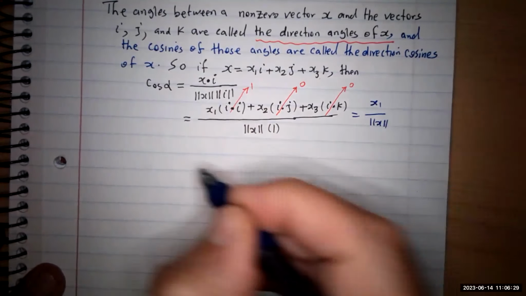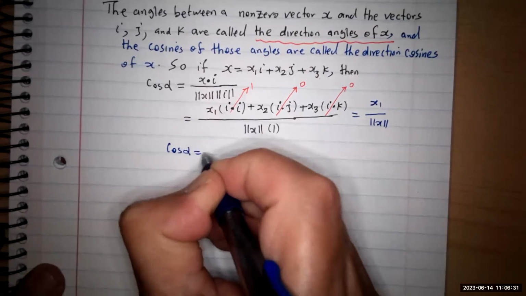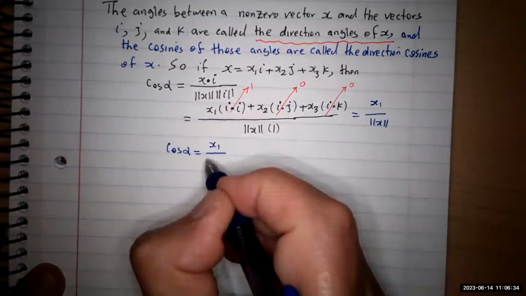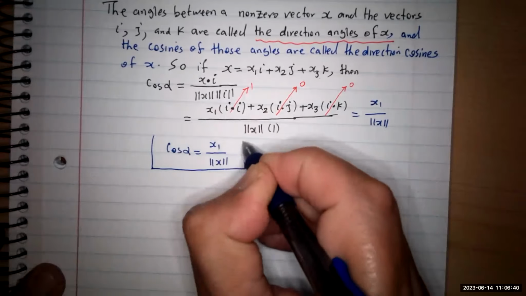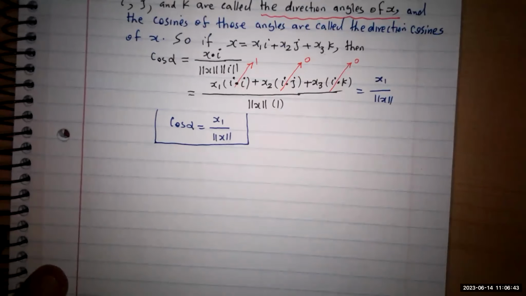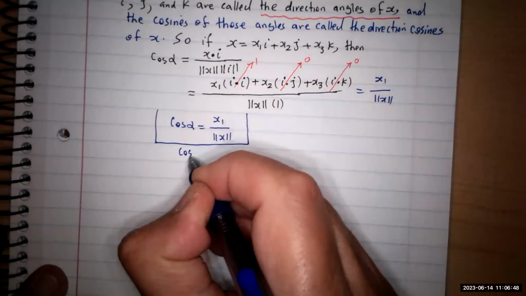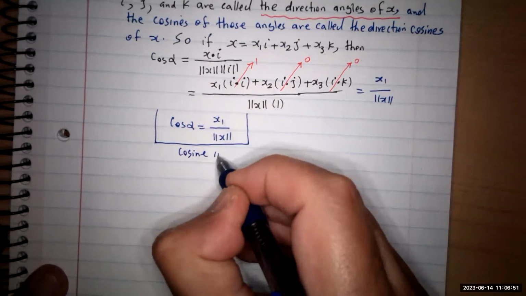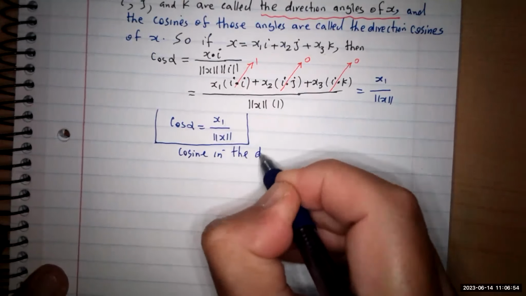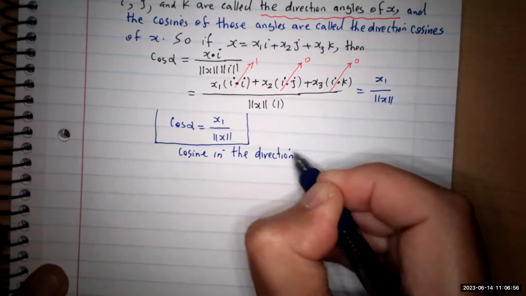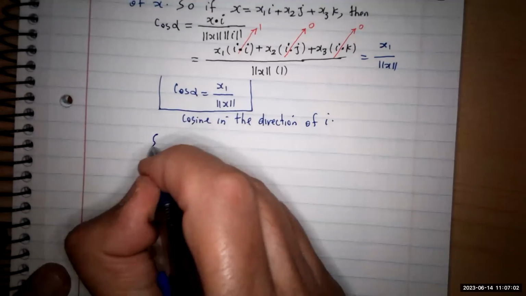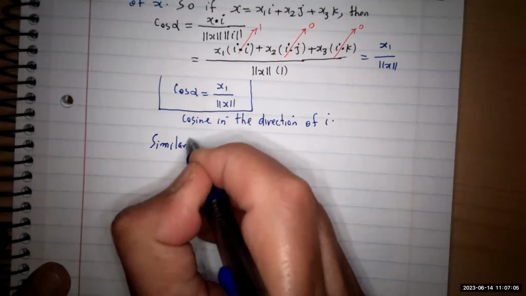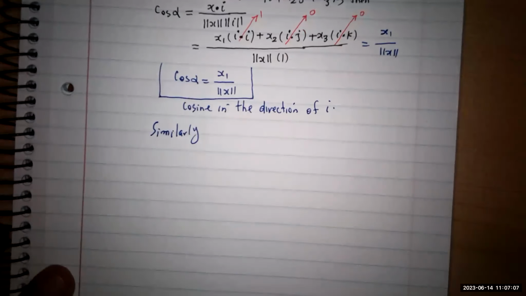See, if you like formulas, the cosine of alpha is going to be x1 over norm x. They call it alpha. This is the cosine in the direction of i. Similarly, you can have other directions.